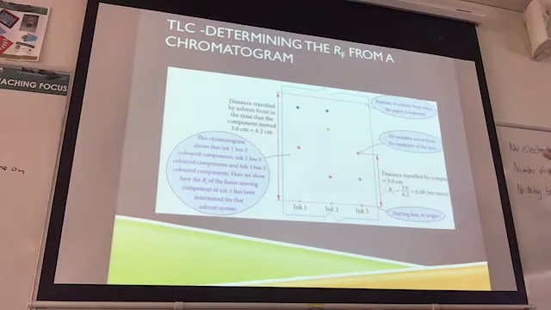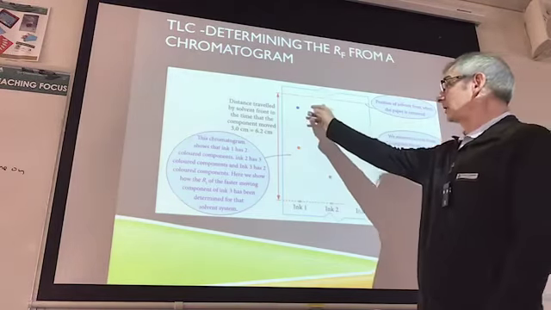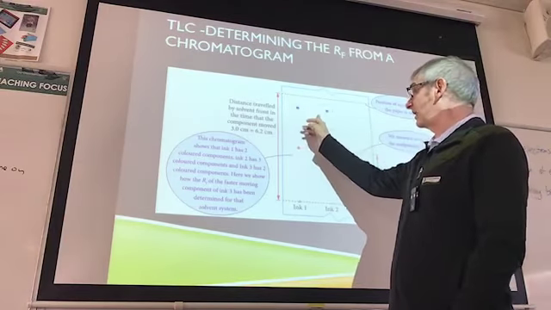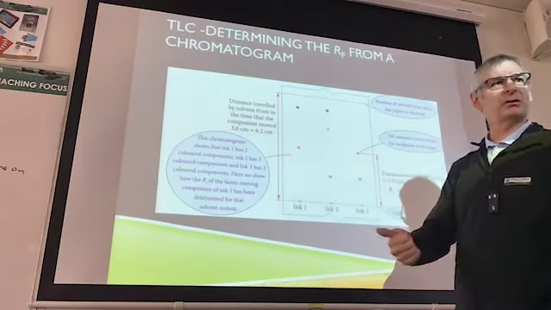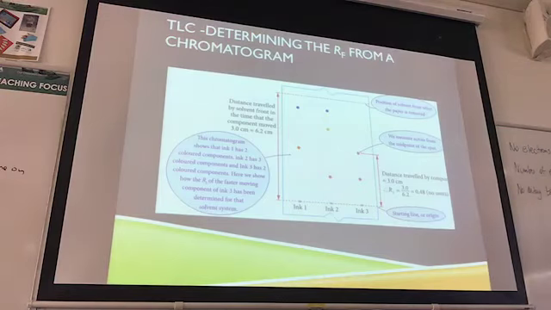So we can certainly see how it separates out all of the different components of a mixture, and we know that the blue ones, are they attracted more to the stationary phase or the mobile phase? Mobile?